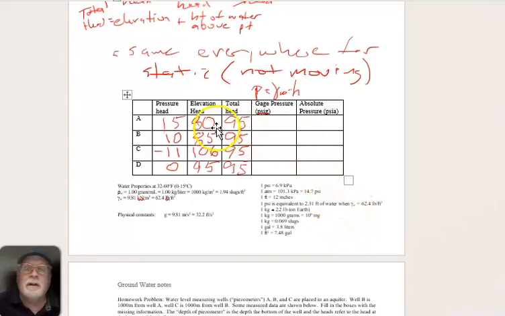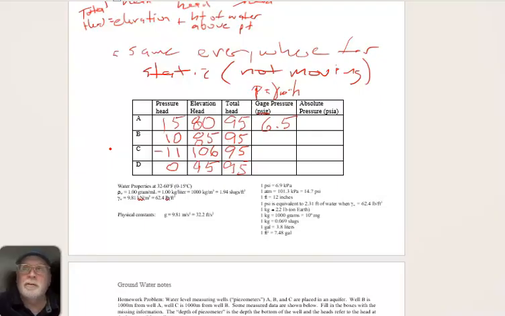So if I take a pressure head of 15 divided by 2.31, I get 6.5 PSI gauge pressure. Did you follow all that? If you just remember the 2.31 feet per PSI, 15 divided by 2.31 is the same as 15 times 0.433.